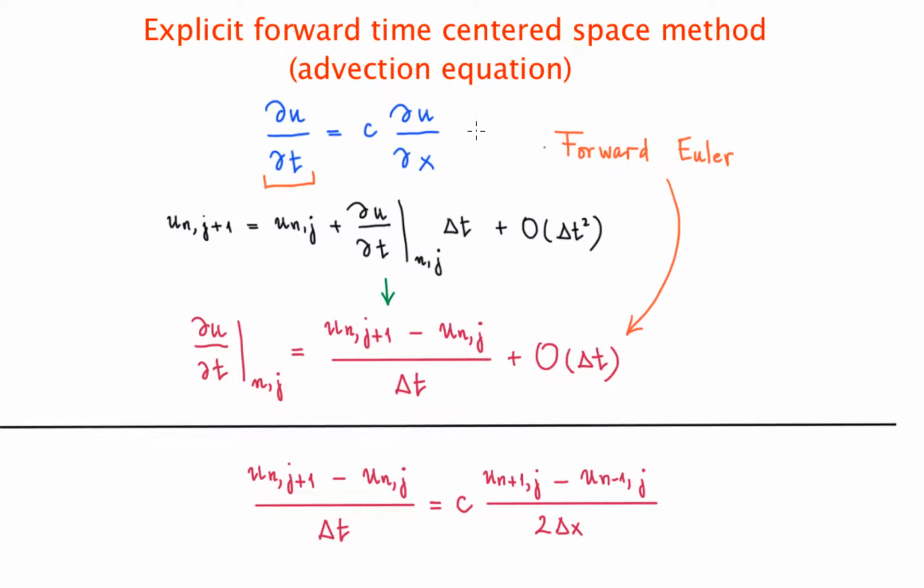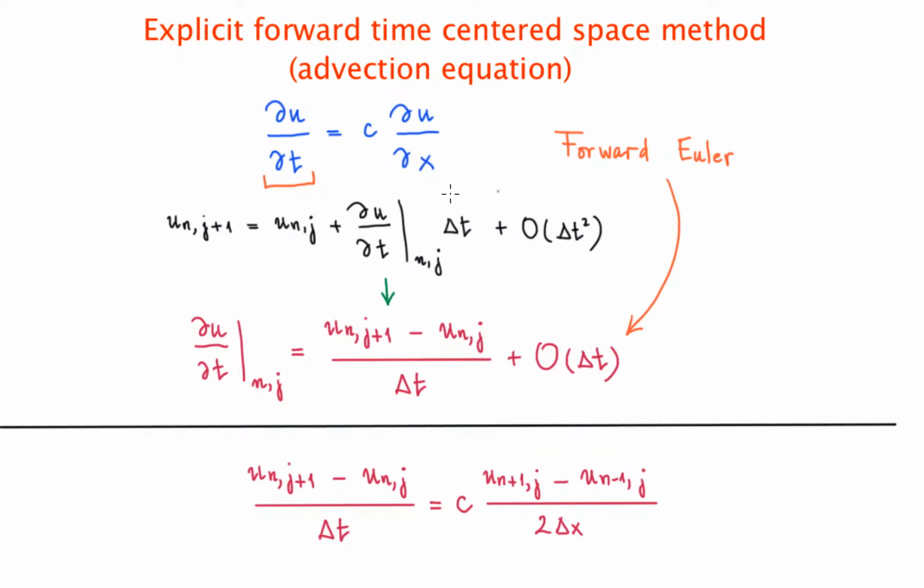So basically we are doing the same thing as we did in the forward Euler method. We are going to consider just one Taylor expansion around point n j in order to have an approximation for the function at point n and time j plus 1.